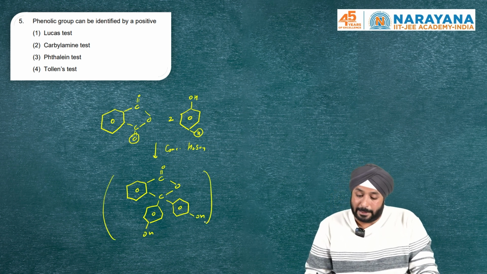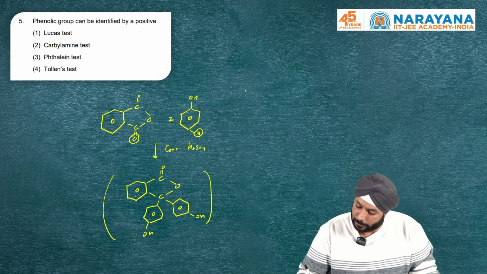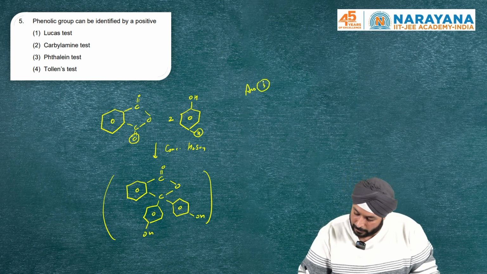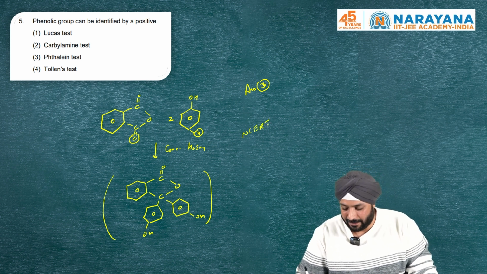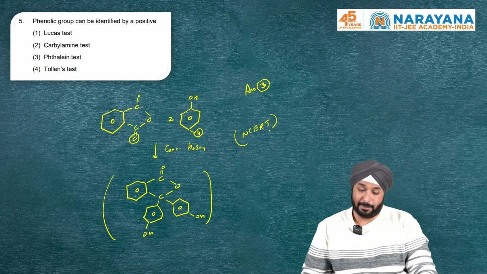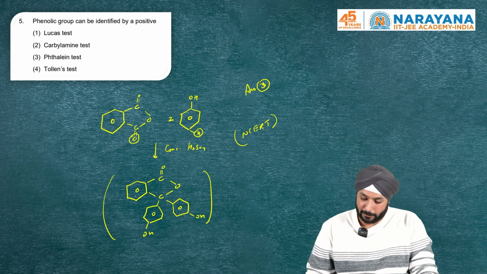So yes, the Thalein test is given by phenol. So the answer should be 3. Again, this is an NCERT based question. Everyone would have read it, so everyone would have done it correctly. So we'll move ahead.